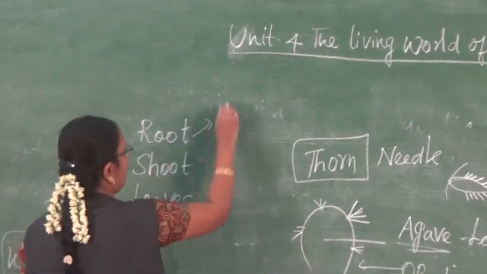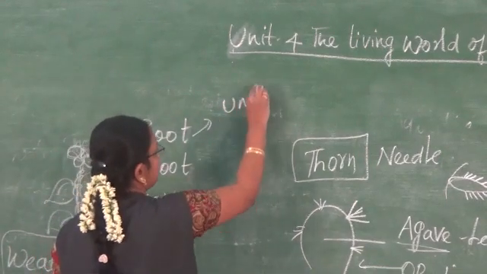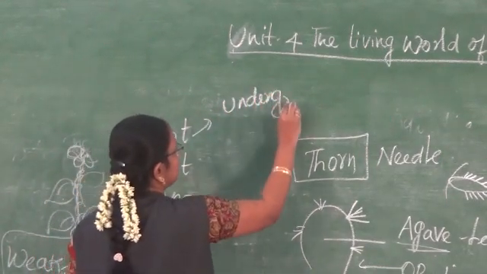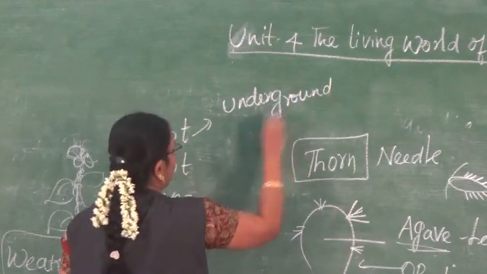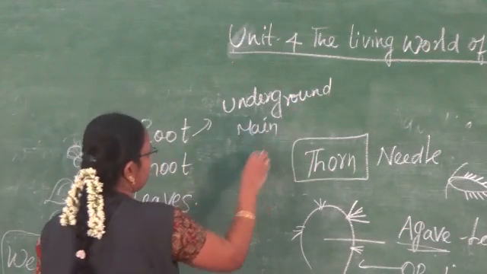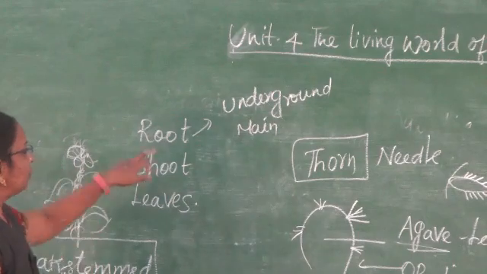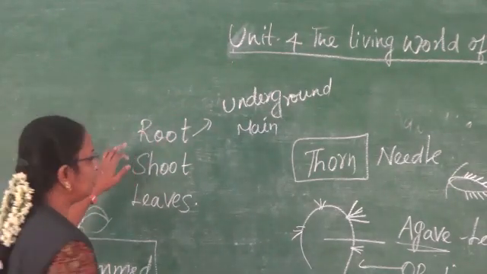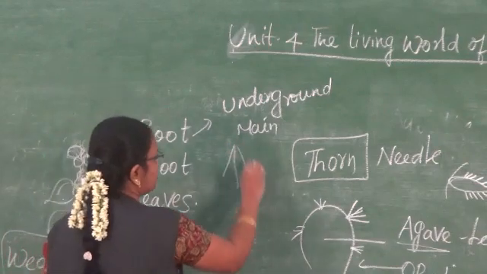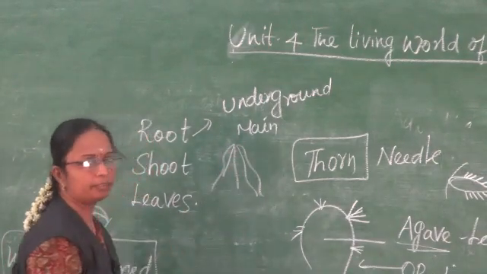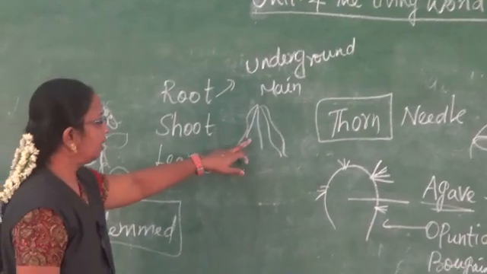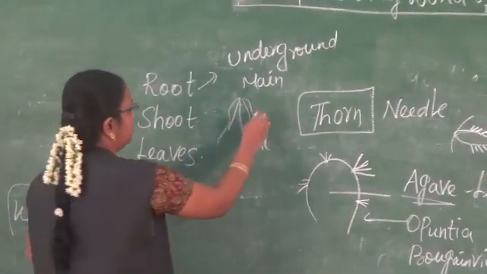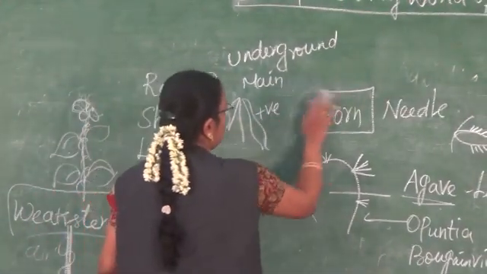The underground main axis of the plant is known as the root system. What does it do? It conducts, absorbs and then does some modification, which is found below the surface of the soil, and they are positively geotropic.